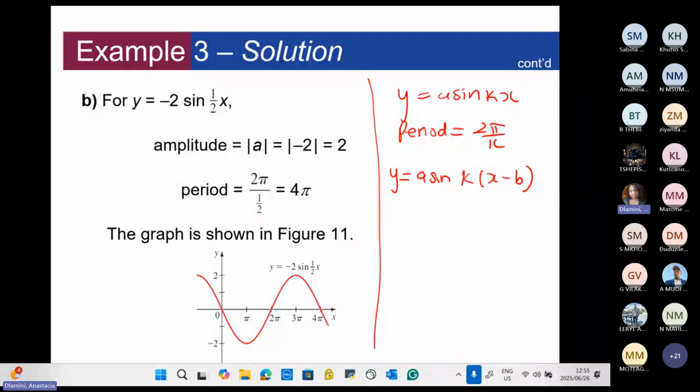Let's wait. Now, we said the appropriate period for this one. Let's start here. What is the appropriate interval for which you start the graph? We said it's 2 pi over k, right?